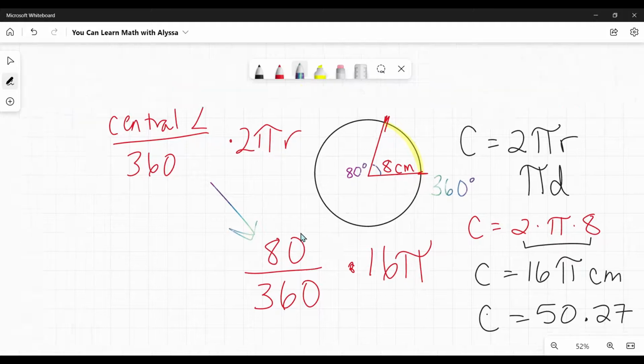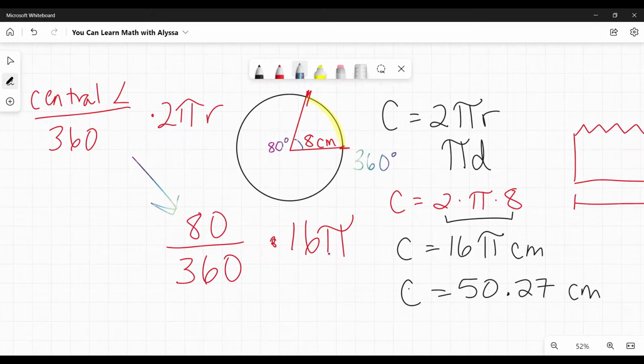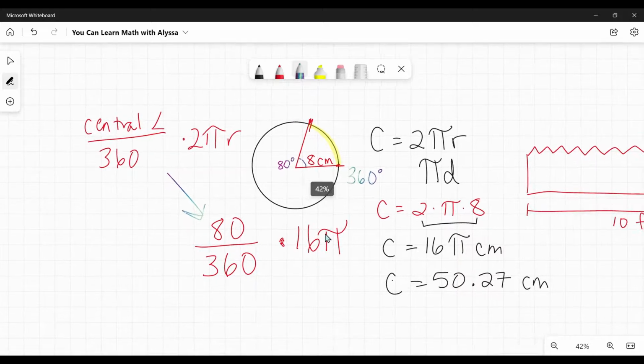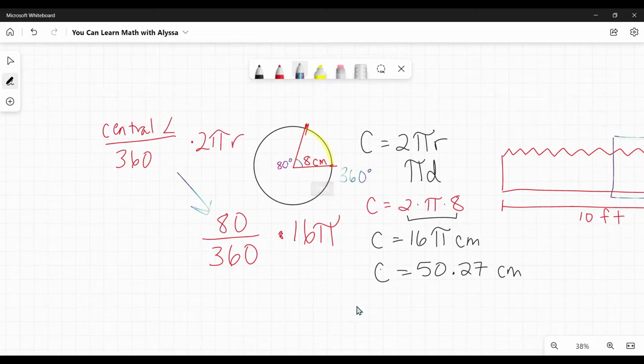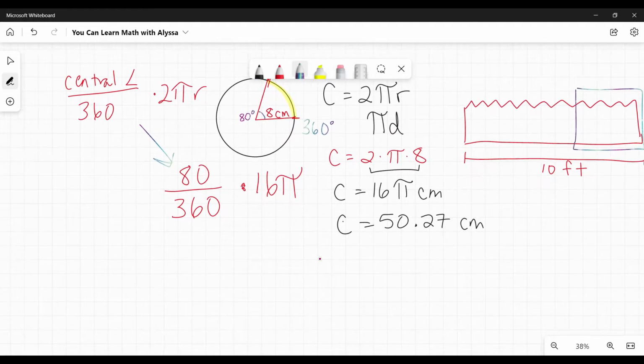Now, before you actually do the math of 80 over 360 times 16 pi, it's always a good idea, if at all possible, to simplify the fractions. So I'm going to scoot down a little bit here, and I'm going to rewrite this: 80 over 360 times 16 pi.